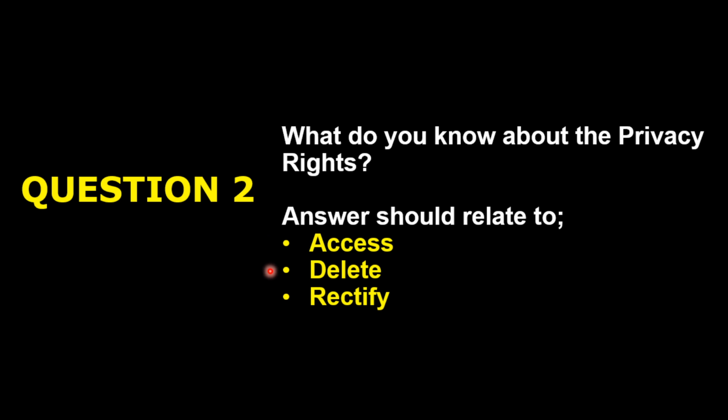The consumer would be given the right to delete their information with the organization or institution to which the information is submitted, and the consumer will also be given the right to rectify their information with the organization or institution that collected the information. So the privacy rights related answer would cover access, delete, and rectify.